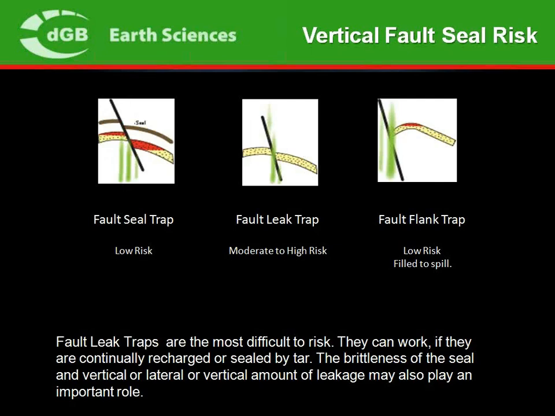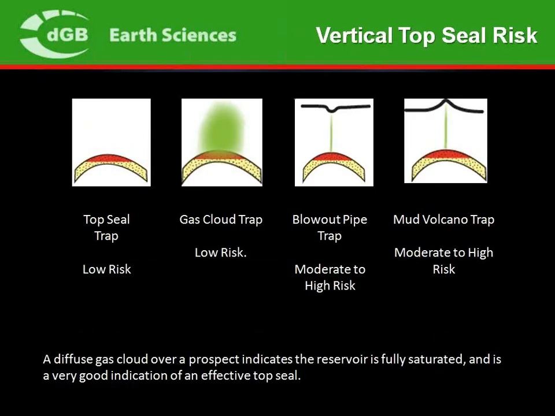There will be a continuum of examples of major leakage versus minor leakage, so we can use the overall morphology to assign risk for vertical fault seal. Finally, in areas where faulting isn't as important, we can look at vertical top seal risk.